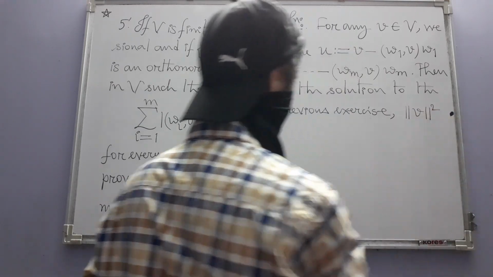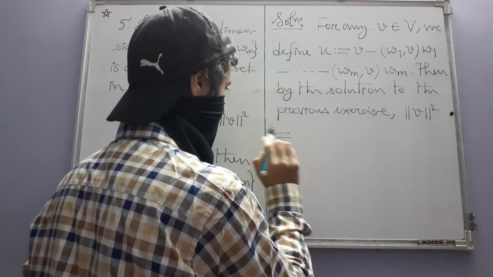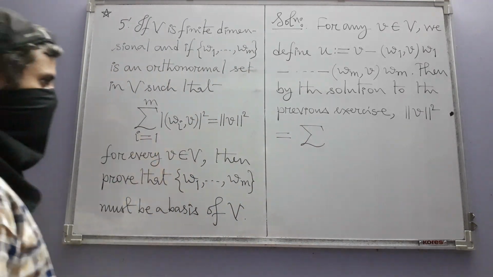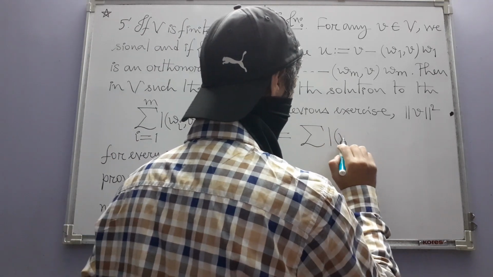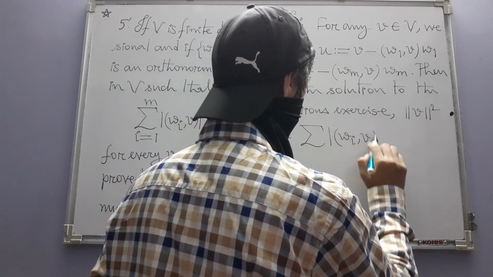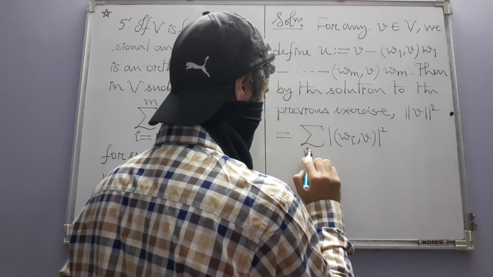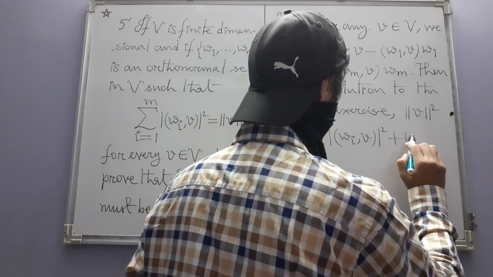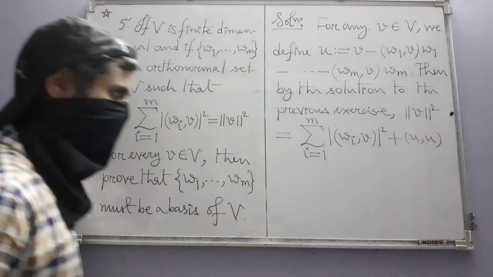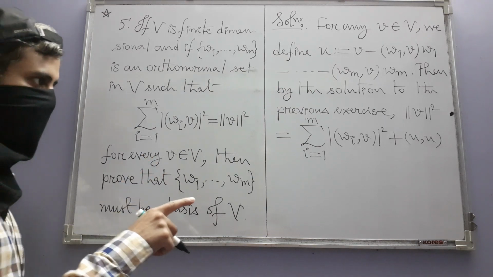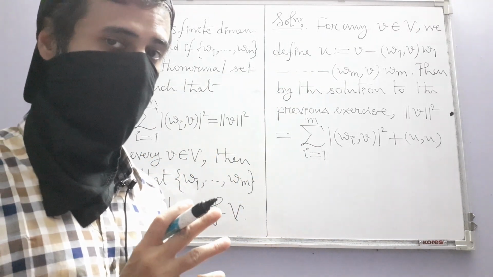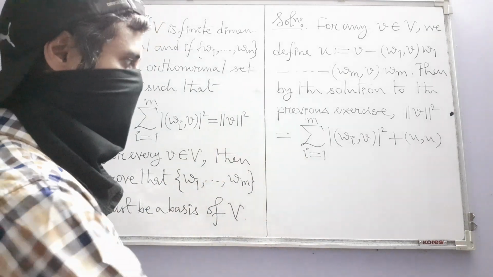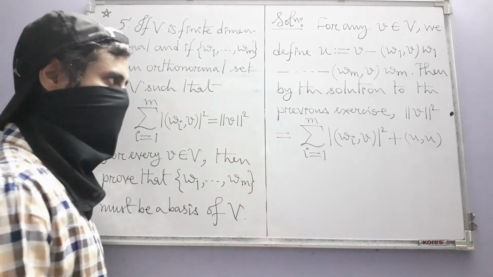The square of the norm of V is equal to this quantity, where i varies from 1 to m, plus the inner product of u with itself. And in fact, this is what led to that Bessel inequality, right? So we proved the Bessel inequality in the previous exercise. In the course of proving it, we came across this identity.